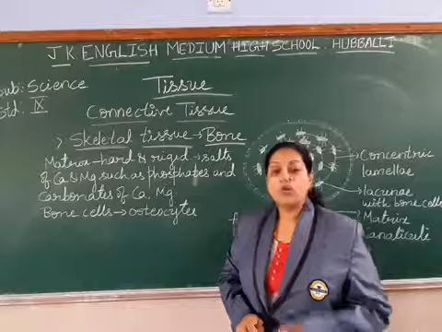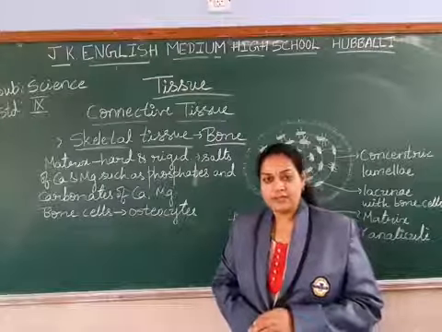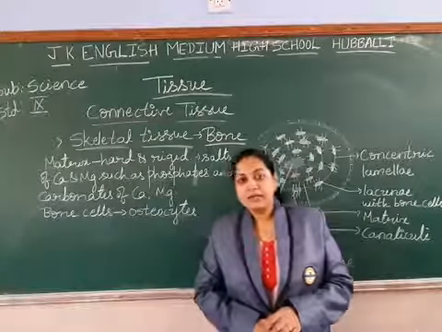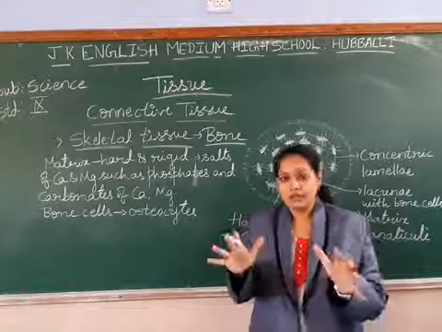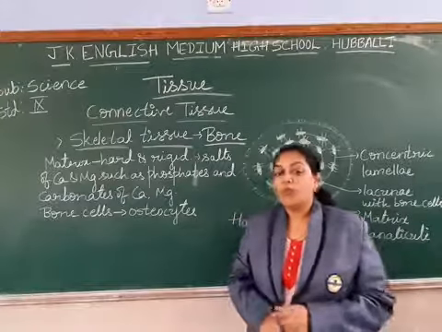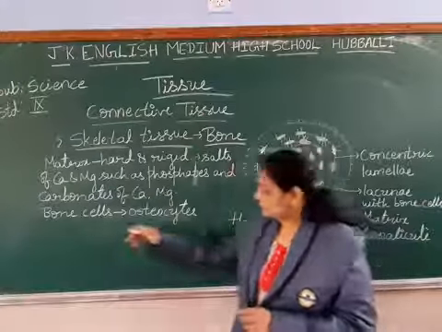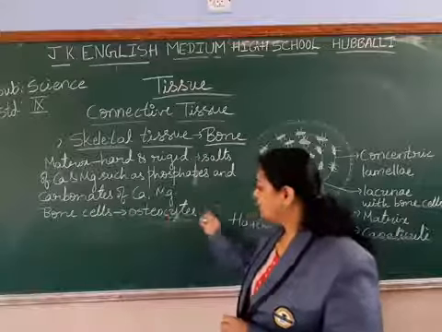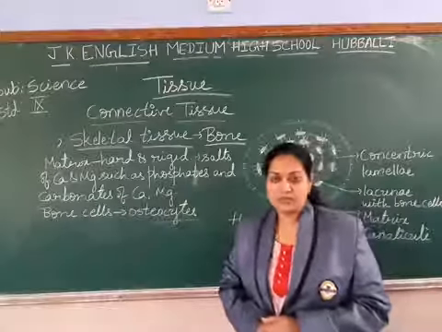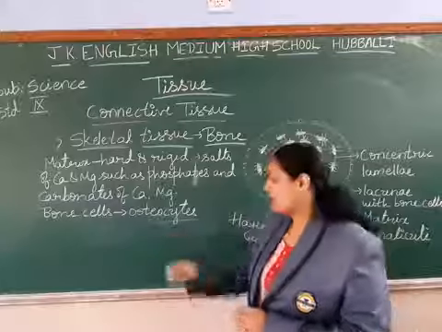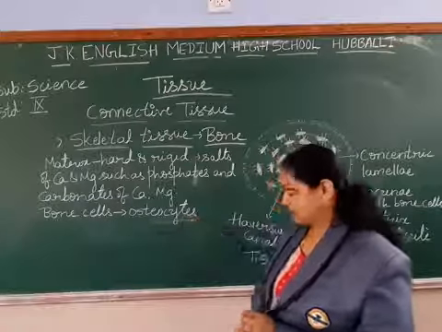So this is the composition of the matrix. In the matrix you find the distribution of the bone cells. The bone cells are called osteocytes.